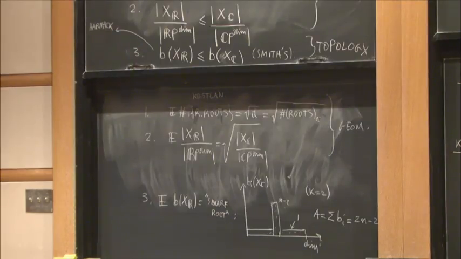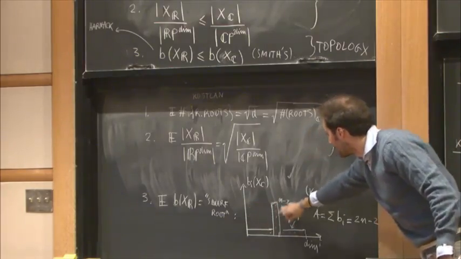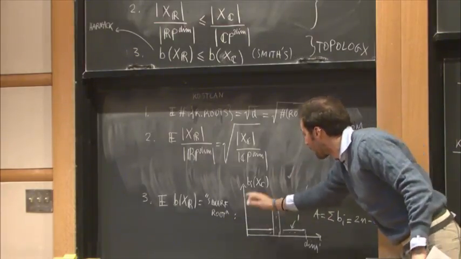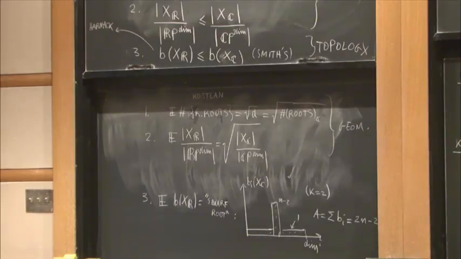Let me just tell the result for the moment for the case of two quadrics, which is the analog of this picture, because I made this picture only for the case of two quadrics in a complex projective space.